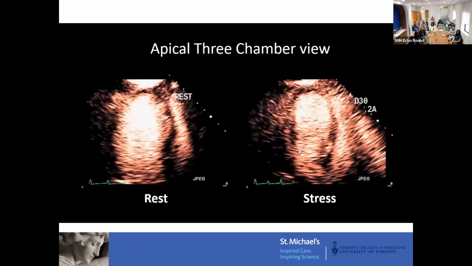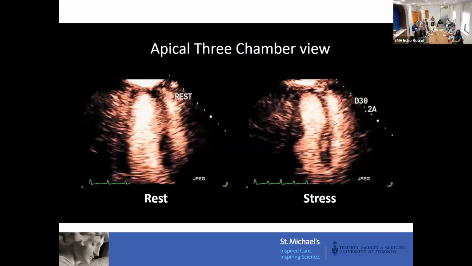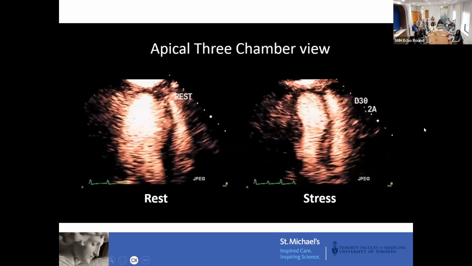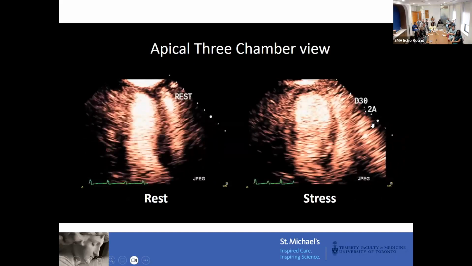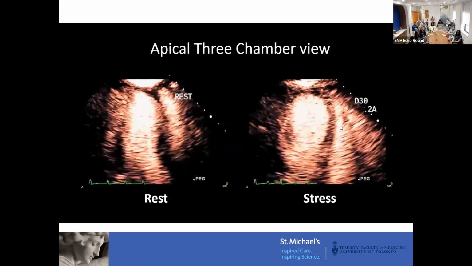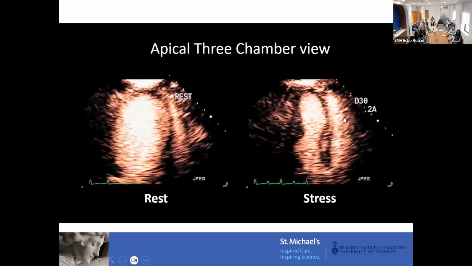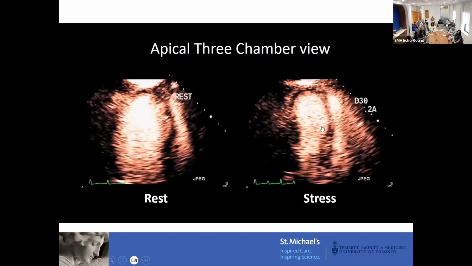So these are just images, again, of a patient at rest versus at stress. And again, that septum here is, okay, it's not playing at all now. There we go. If you look at the left side, the three-chamber view, if you look at the inferolateral wall, it's contracting quite nicely, but the anteroseptum is not in comparison.